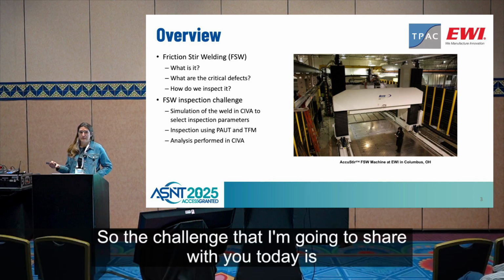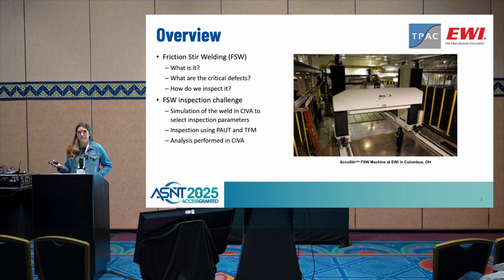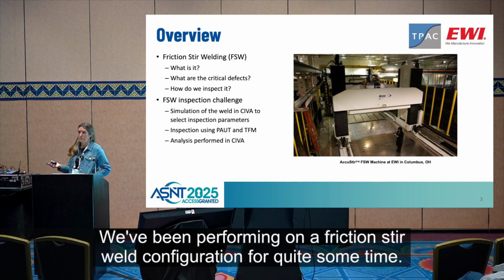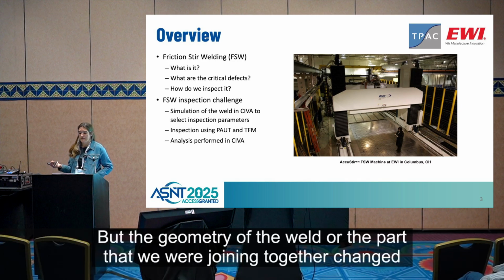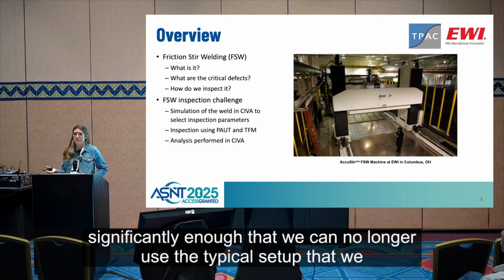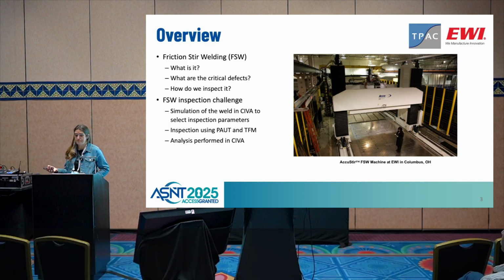The challenge that I'm going to share with you today is something that we've been performing tests on, on a friction stir weld configuration for quite some time, but the geometry of the weld, or the part that we were joining together, changed significantly enough that we can no longer use the typical setup that we were using with phased array UT.